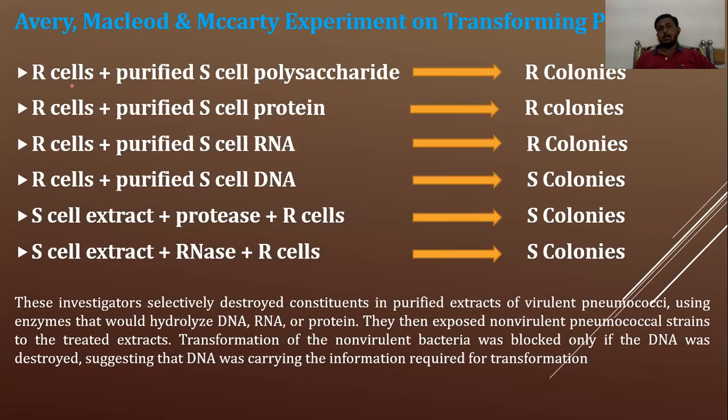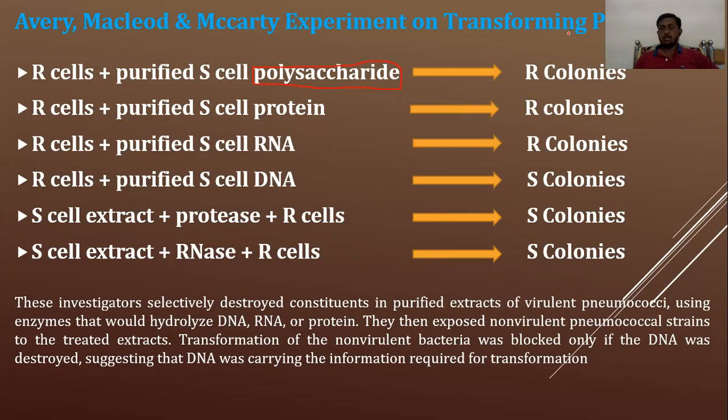They use R type of cells plus purified S cell polysaccharide. Polysaccharide is nothing but the capsule content of the S type of cells. Pneumococci is a capsulated bacteria. So they assume that maybe the capsule is a molecule that is transforming the R type of cell into S type of cells.